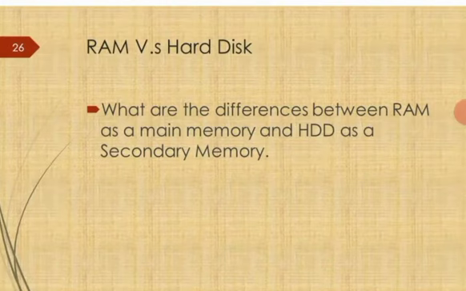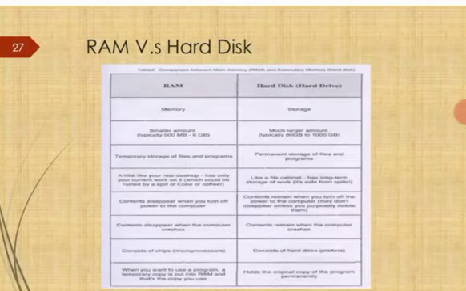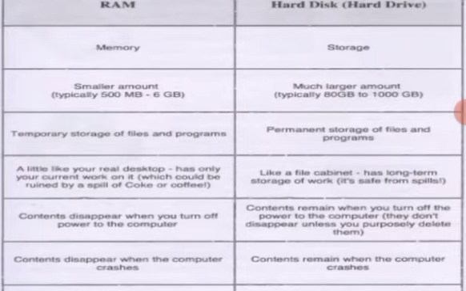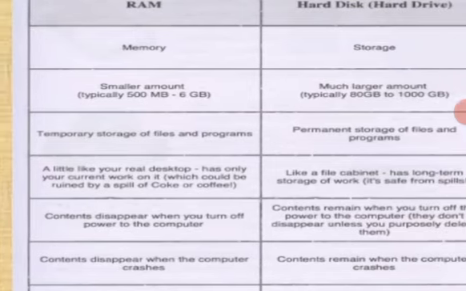What are the differences between RAM as a main memory and HDD as a secondary memory? So here we're going to talk about this. To the left we see our memory, our RAM. RAM is just a memory, and the hard disk is a storage.